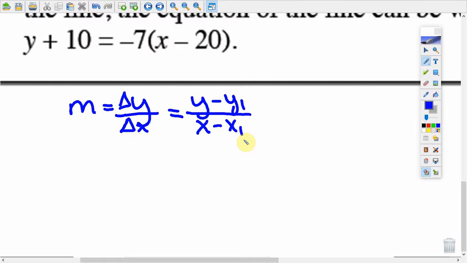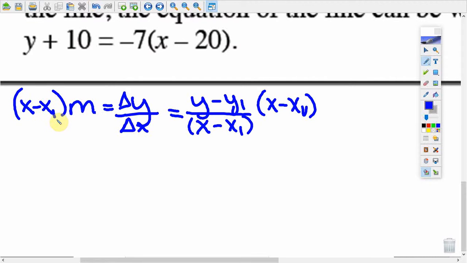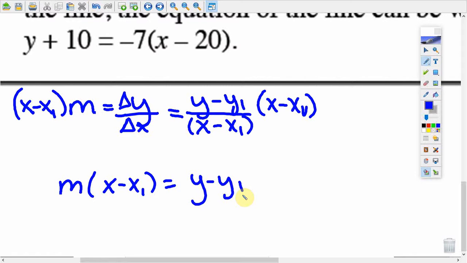And then if we multiplied both sides of that equation by x minus x1, we end up with the slope times x minus x1 equals y minus y1. And then here's our slope. And the x1 and the y1 are the coordinates of the point that we're going to plug in.